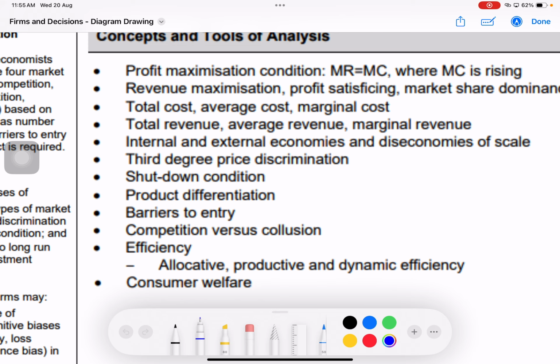Okay? Then after that, internal and external economies of scale. I think last year or the year before, the A-Level has one question on that. So if you want to test yourself on your knowledge on internal and external economies of scale, you may want to refer to your A-Level, I think 2000, I forgot which year, I think last year.